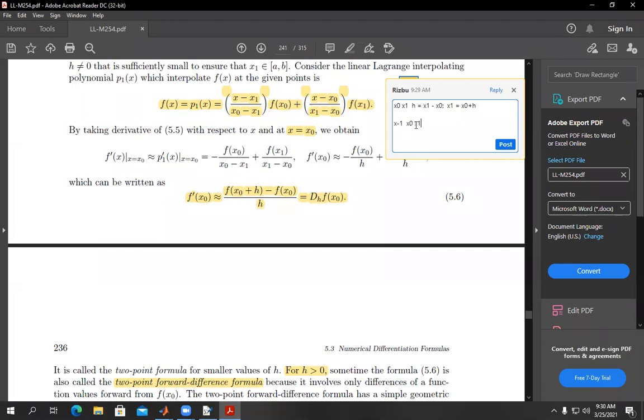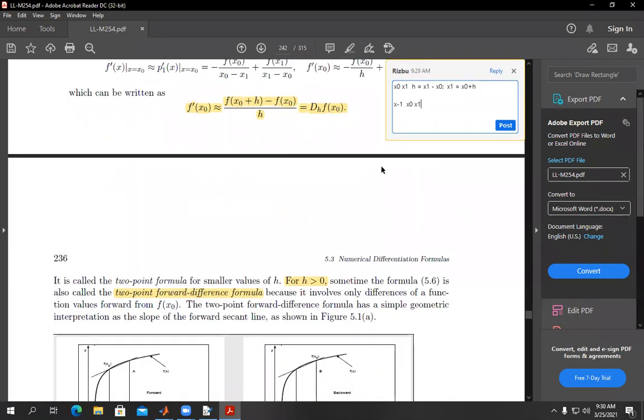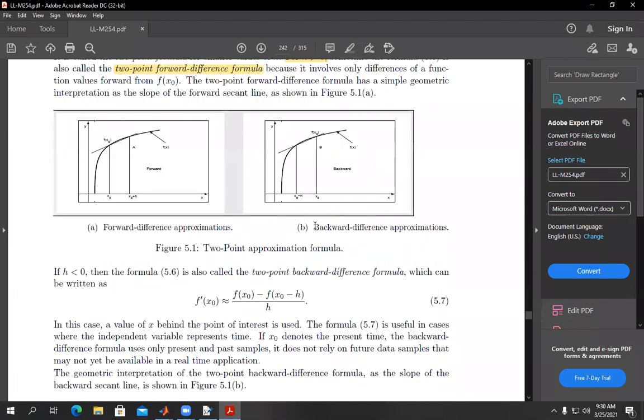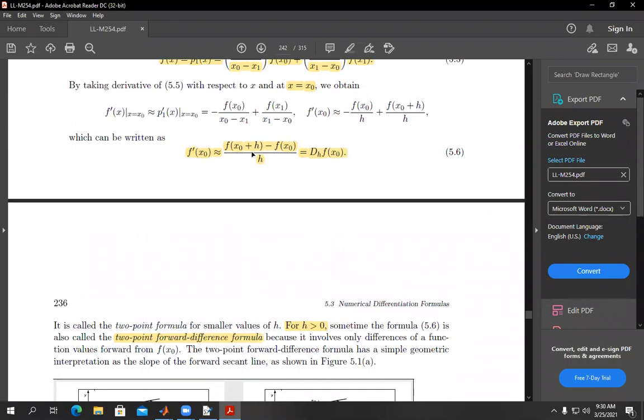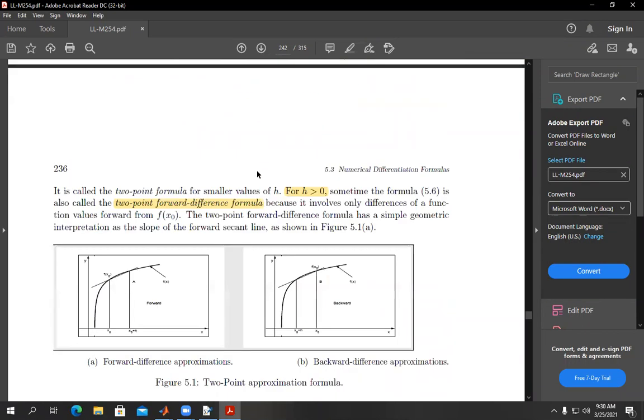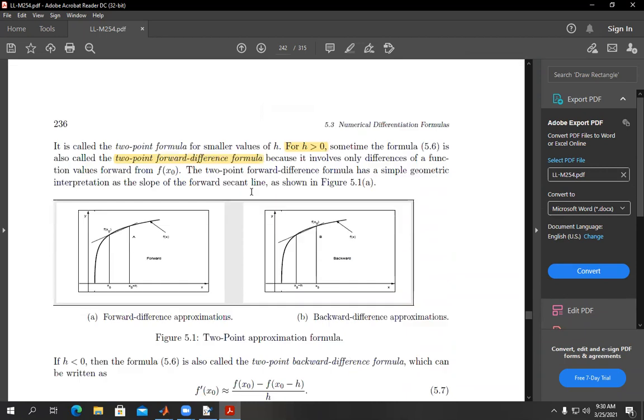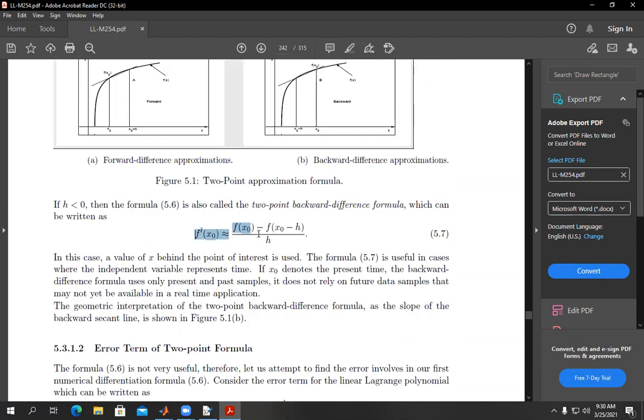If you need x1, this is called forward. If you need one point on the left hand side, this is called the backward difference formula. This is a simple case. If you replace h by minus h, your forward difference formula takes this shape, and this shape is called the 2-point backward difference formula.